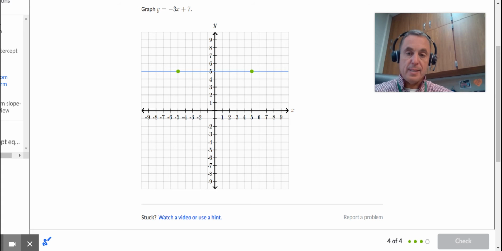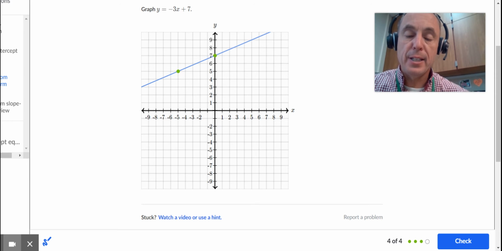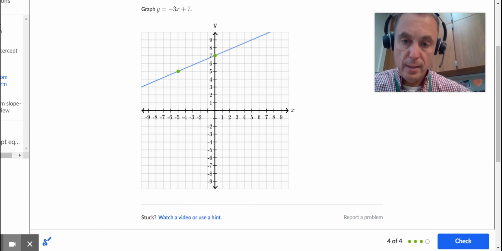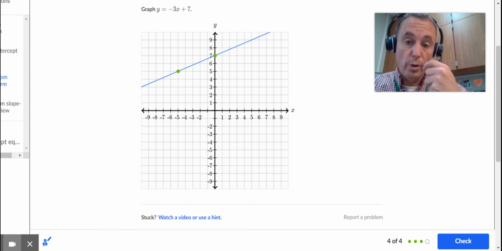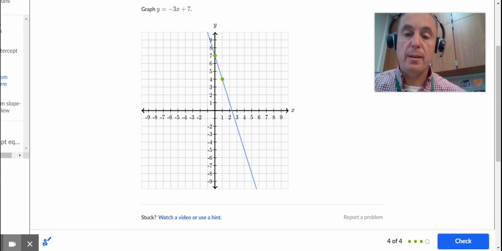Ooh, I start at 7 this time. And the slope looks like it's just -3, but let's change that into a fraction. It's really -3 over 1. So from the point 0, 7, I'm going to go down 3, which will take me to 4 and over 1. So my second point will be at 1, 4.